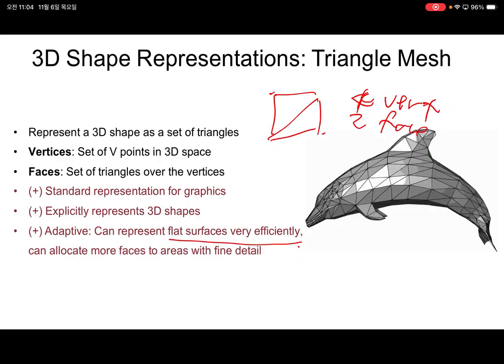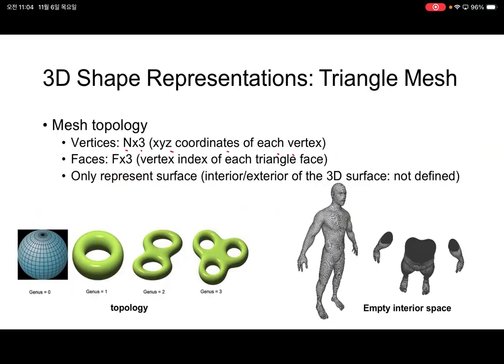So we need two things to define a mesh: vertices, the X, Y, Z coordinates of each vertex, and triangle faces with vertex indices. Those are the basic components of a triangle mesh. And it only represents the surface. As I said, a mesh is only interested in the surface of an object. It is not interested in the exterior or interior region of the object.